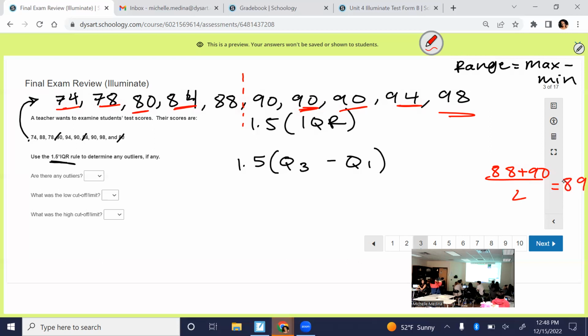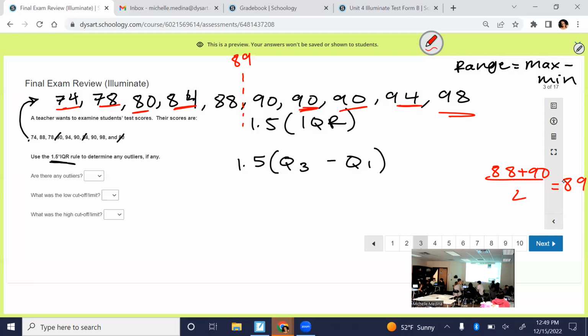I know the median is going to be 89. That's the same as both of them, right? But 88 plus 90 is 178, and then divided by 2 is 89, right? Someone verify? All right, so it should be in between those two numbers.